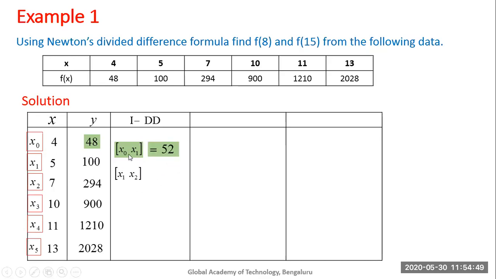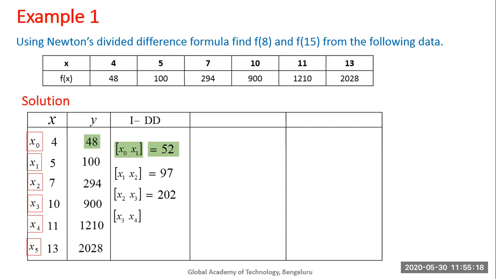Then x1, x2 is 294 minus 100 divided by x2 minus x1, that is 7 minus 5. You get it as 97. x2, x3 will be 900 minus 294 divided by x3 minus x2, that is 10 minus 7, and you get 202.